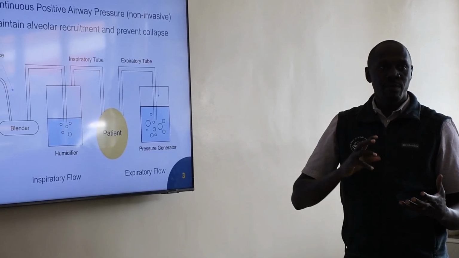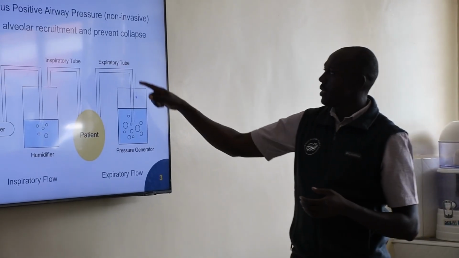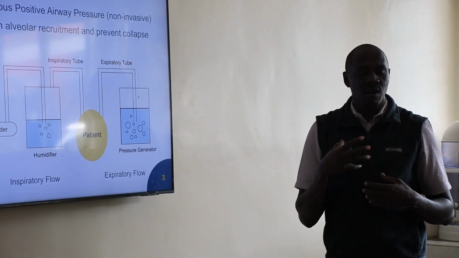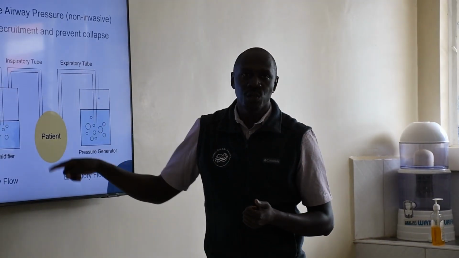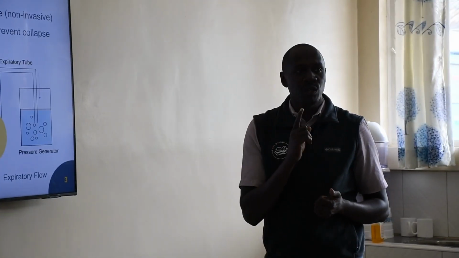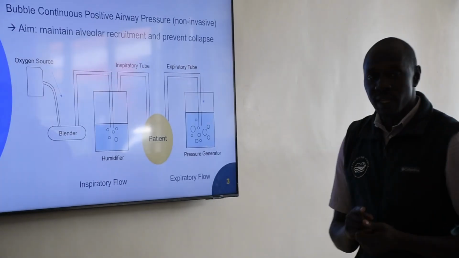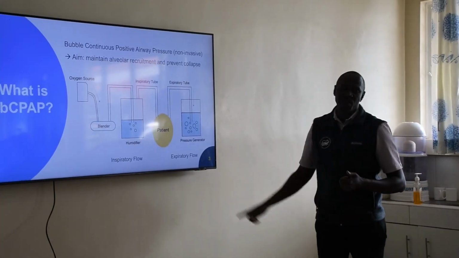When the baby is breathing against a column of water, it creates pressure, and it is that pressure that helps to open the collapsed lung or the collapsed alveoli. So in that way, you are able to meet the inspiratory demands of the baby. Are we together? So it has two parts: inspiratory flow and expiratory flow.